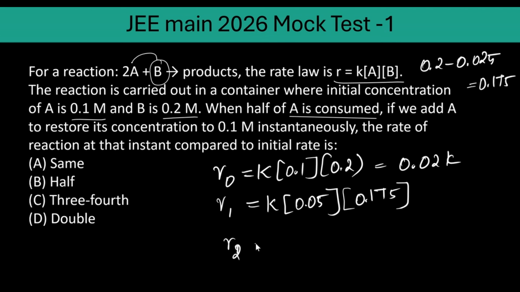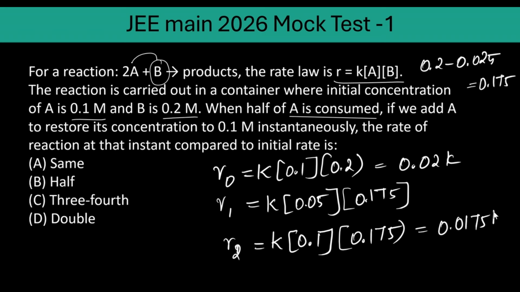Now R2, let's say, the concentration of A becomes 0.1, but B is still 0.175, so which will be 0.0175 K. Now we have to divide these two. They are asking about the initial rate, right? So this is 0.02, this is 0.0175, which comes out to be 7/8, approximately 3/4 of the initial rate.